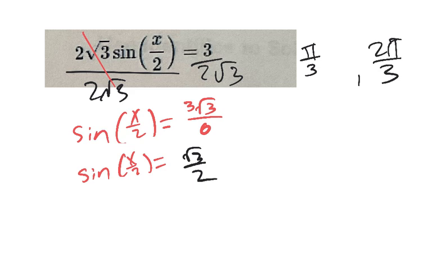So my answer is 2 pi over 3 and 4 pi over 3. Because if I rotate to 2 pi over 3 and then half it, that puts me at pi over 3. And if I rotate to 4 pi over 3 and half it, that puts me at 2 pi over 3, which are the two answers I want.